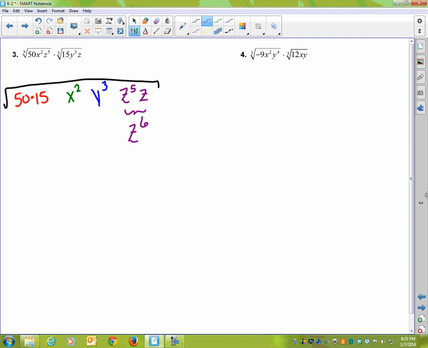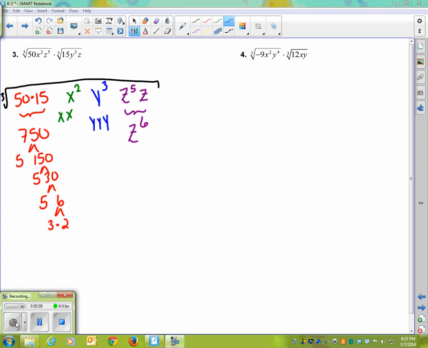So let's go ahead and multiply our numbers. 50 times 15 is 750, and I'm looking for the cube root. So I need to factor tree 750 and look for groups of 3. This is my completed factor tree.